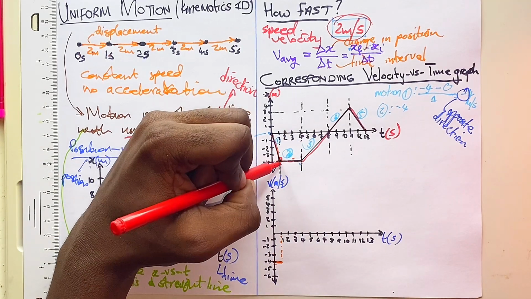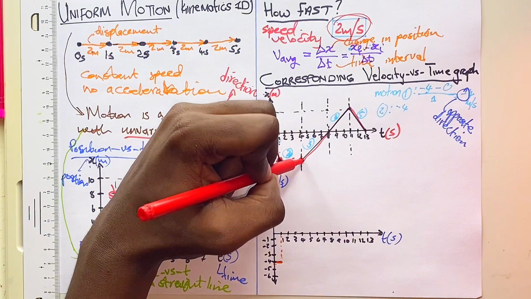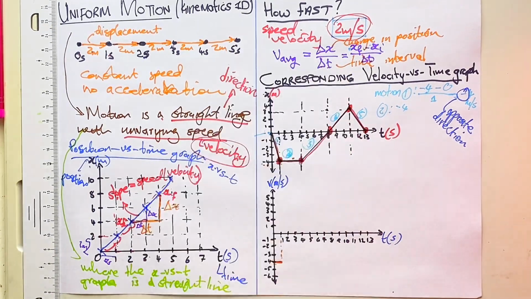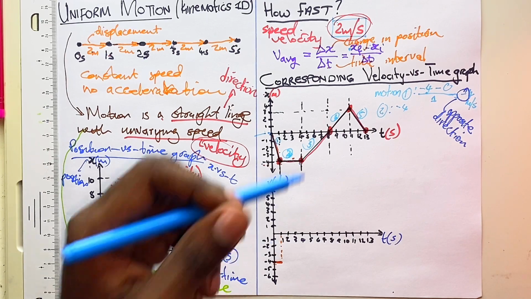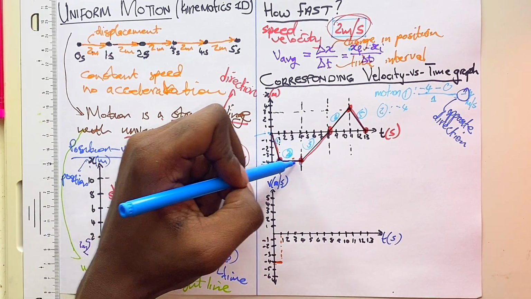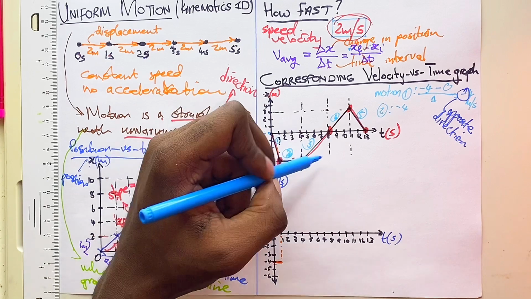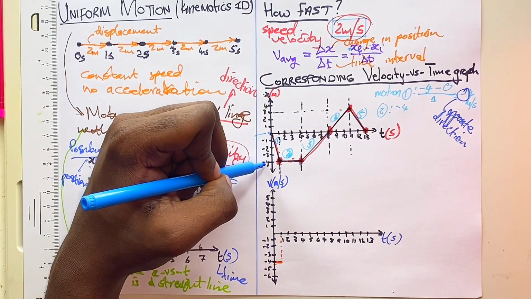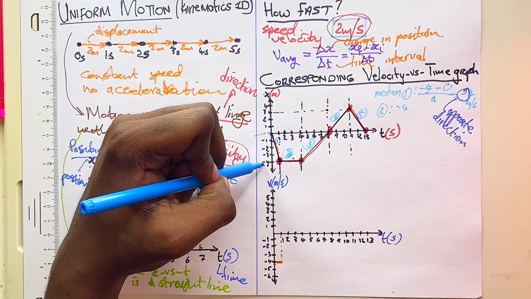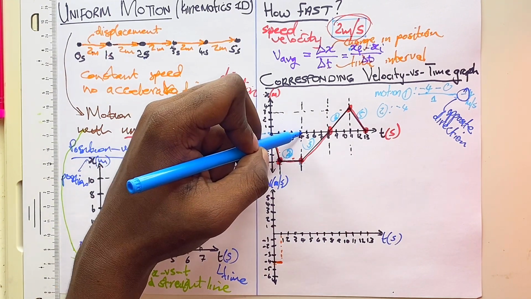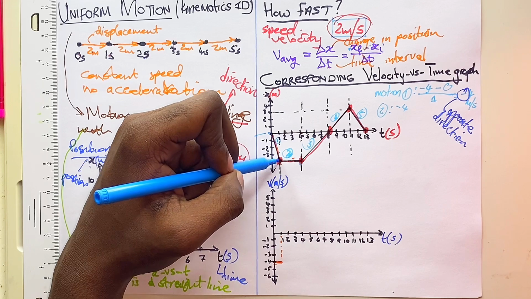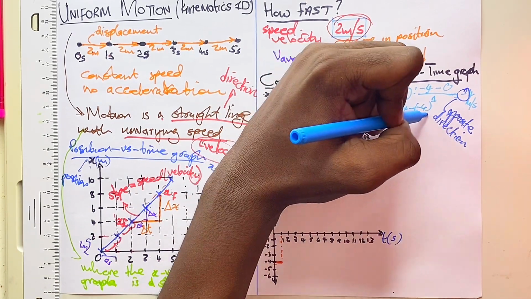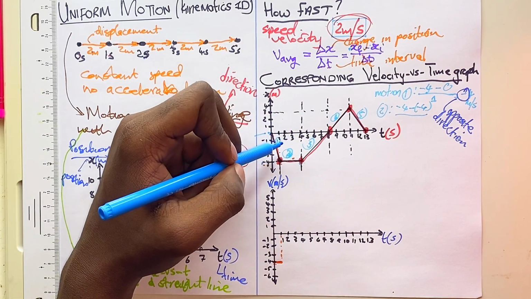Let me just draw it with red to show that our particle moves from there to there to there to there. Now our final position in this motion 2 is still minus 4, and our initial position is minus 4. Time has passed by, but our position hasn't changed.